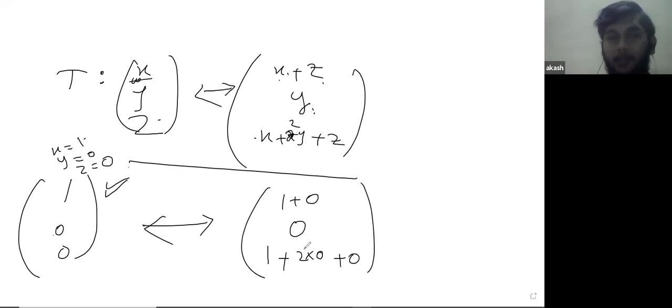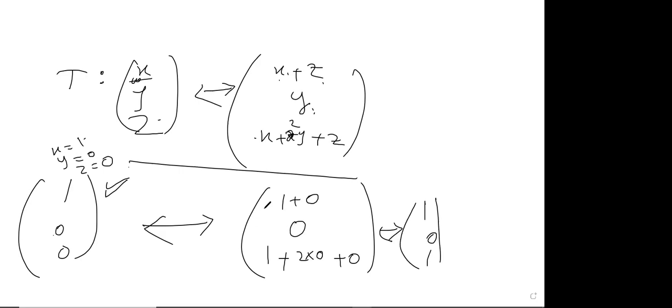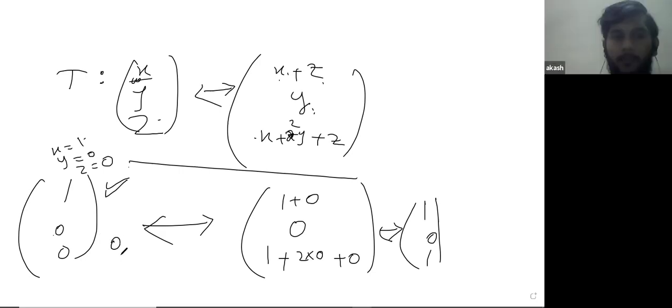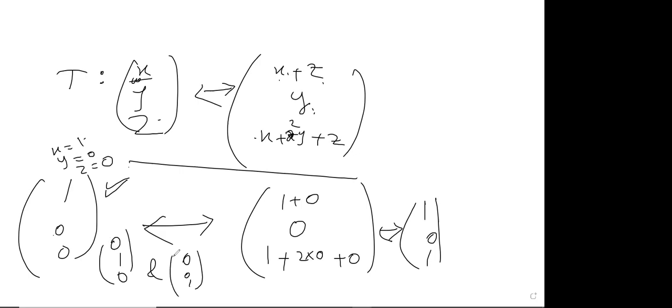So (1, 0, 0) is transformed to (1, 0, 1). The same way you can find the others. This is a very simple question, right?